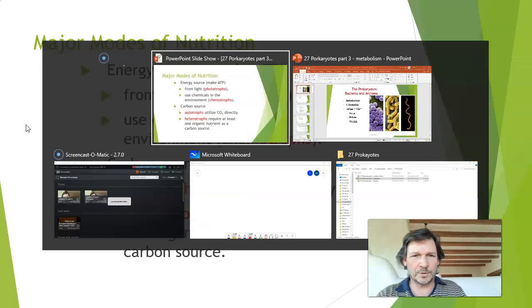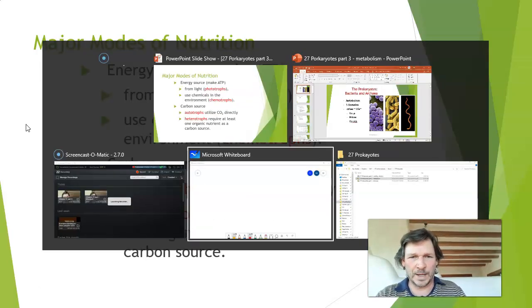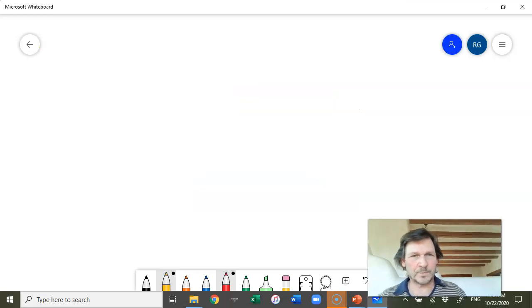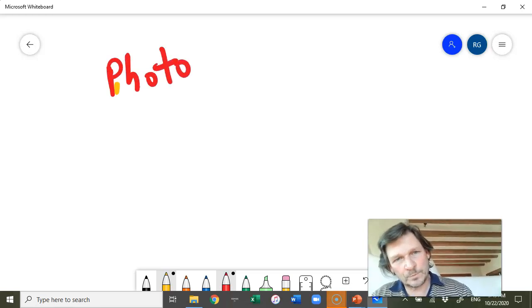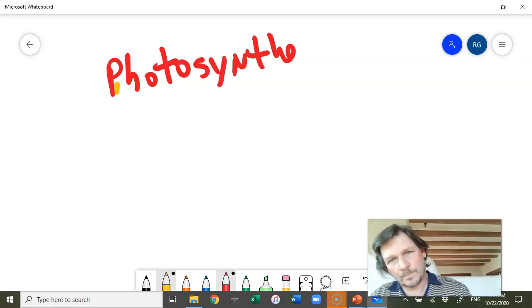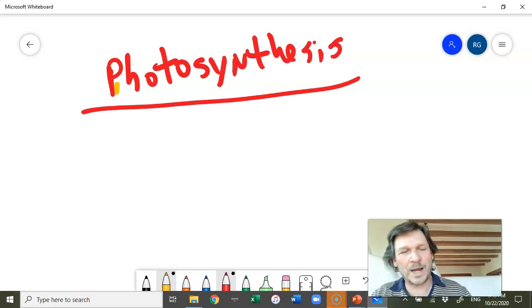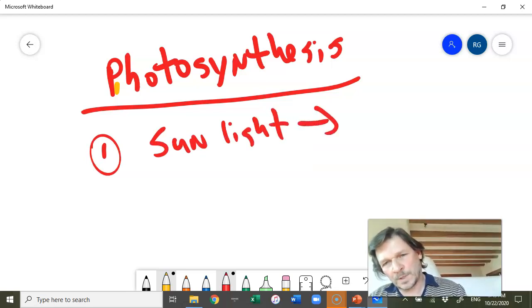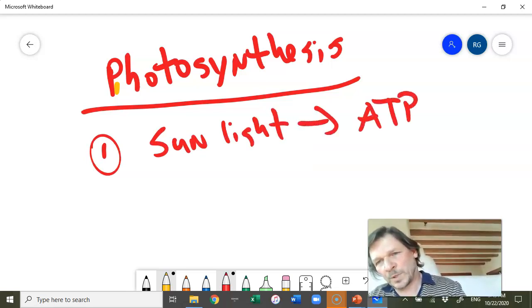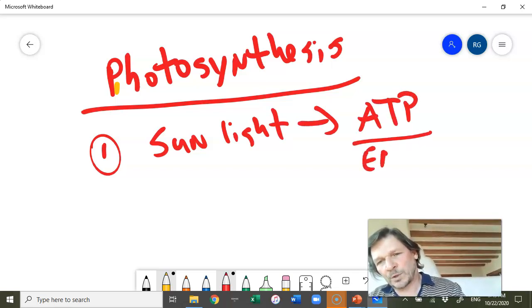And so looking at the major modes of nutrition, looking at energy, we know of one type of energy source, and that's in plants, and that is photosynthesis. And the chemistry of it you learn in 130. But to put it into a very simple pattern, it's a two-step process. In the first process, it uses sunlight to make ATP, which is a chemical energy source that the cell can use.